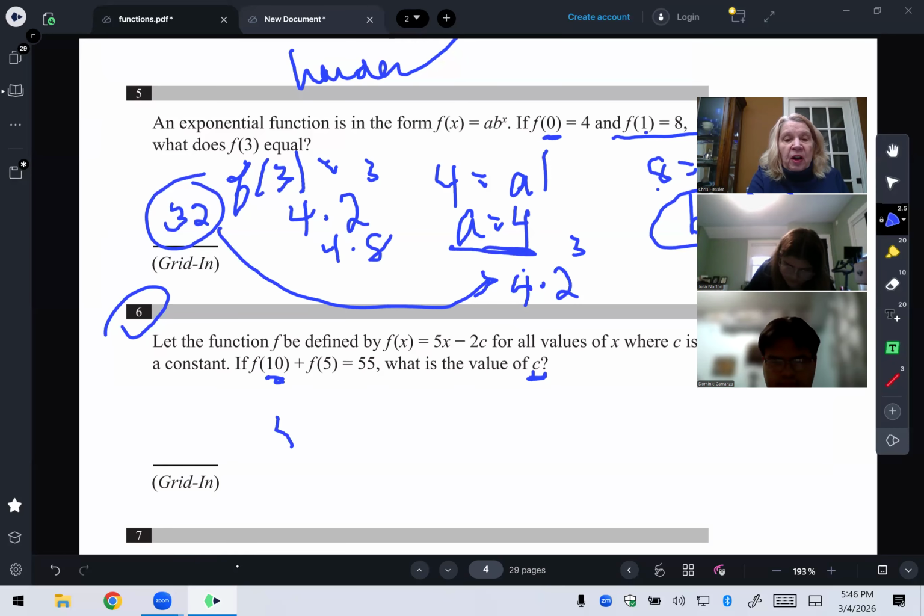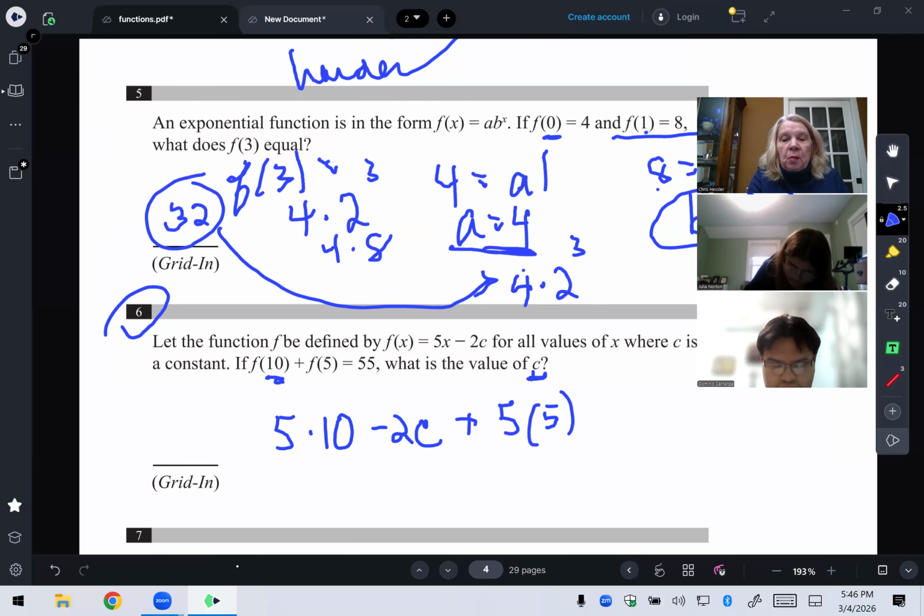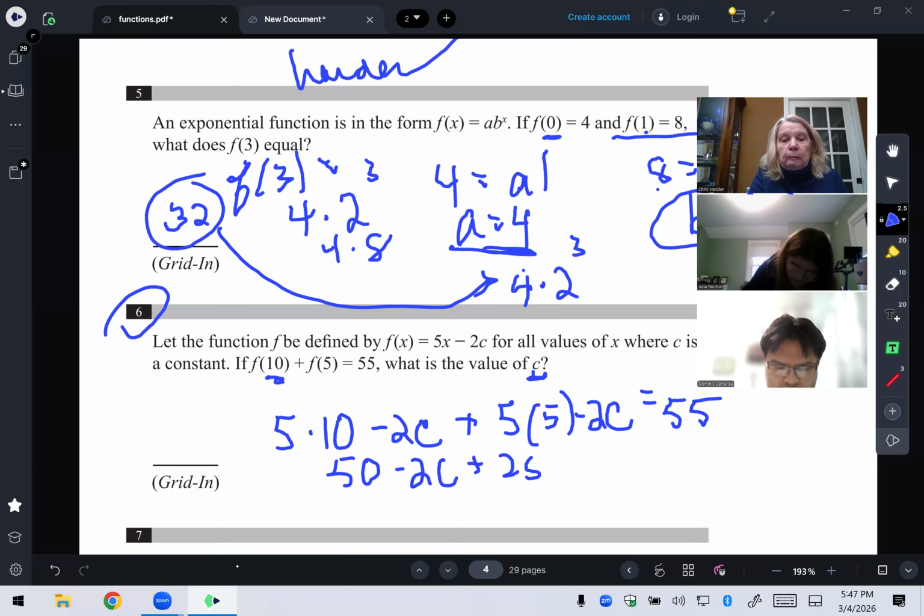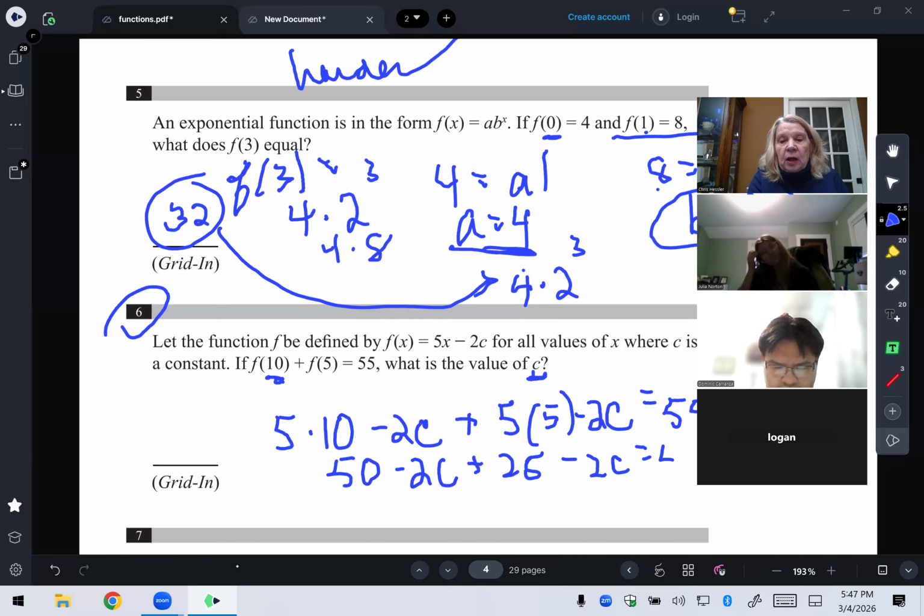So that'll be 5 times 10 minus 2c plus 5 times, we're putting 5 times 5 minus 2c, and that whole thing will equal 55. So that's 50 minus 2c plus 25. I'm sorry, this glass is hard to write on.